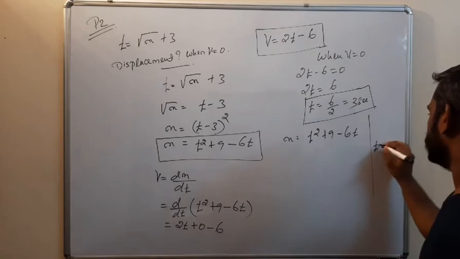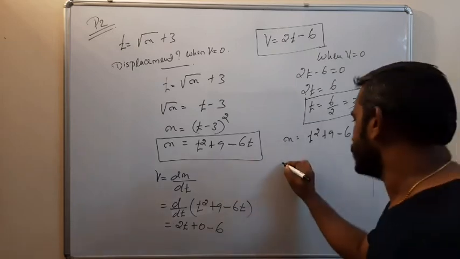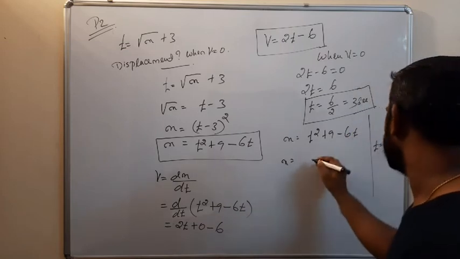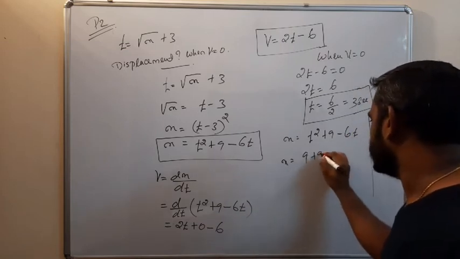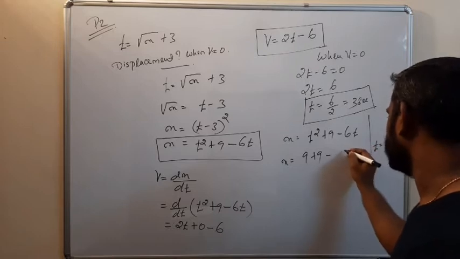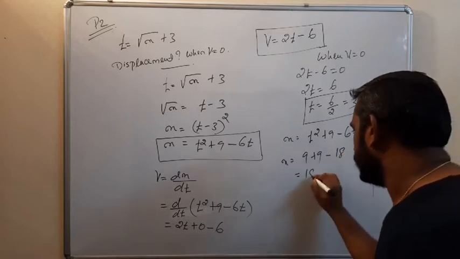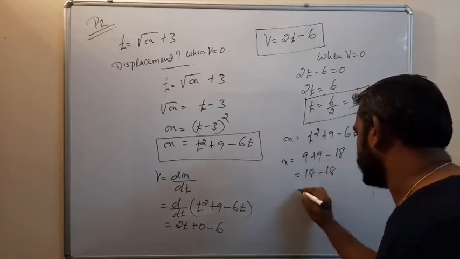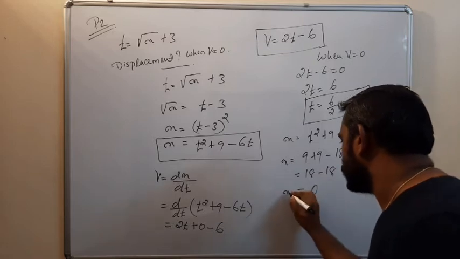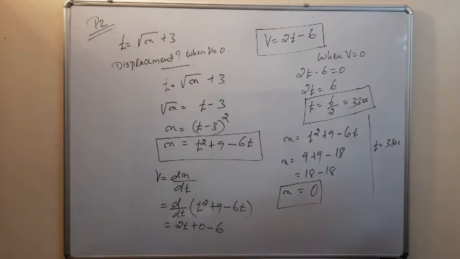At t equal to 3 seconds, x equal to 9 plus 9 minus 6 into 3, that is 18 minus 18, that's equal to 0. So the displacement is equal to 0. Clear?